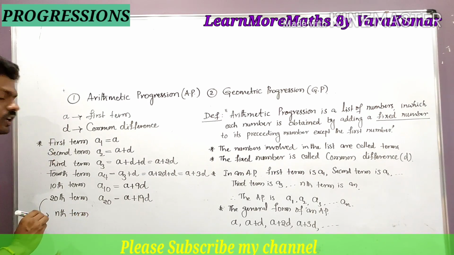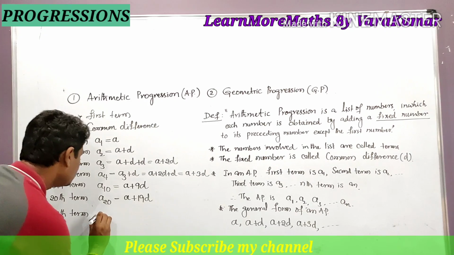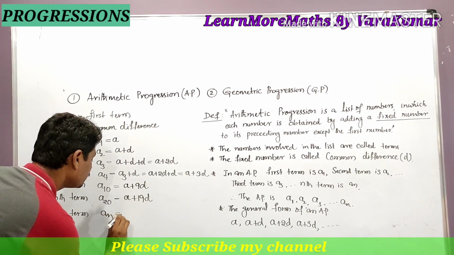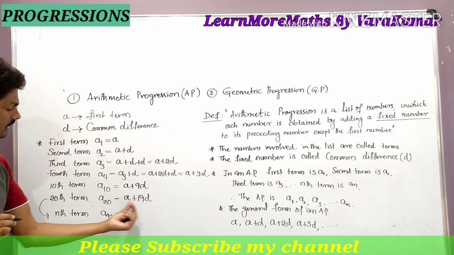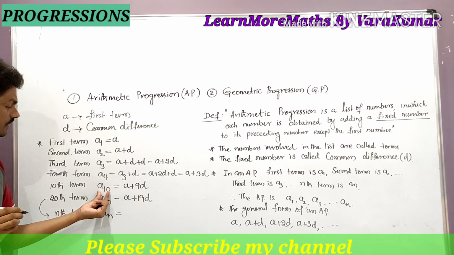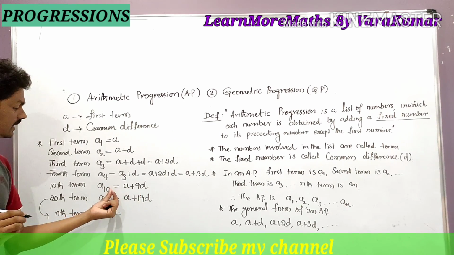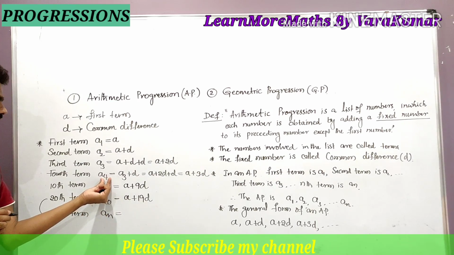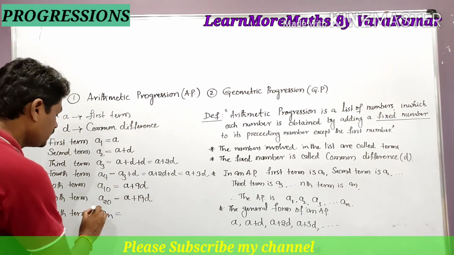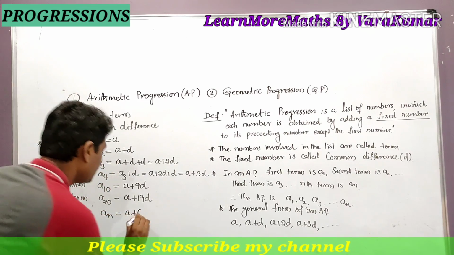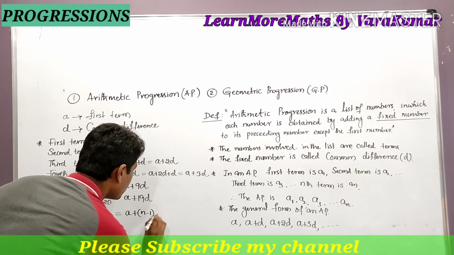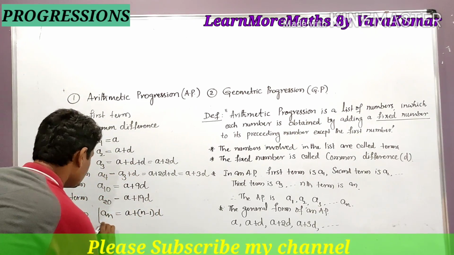So in the same way, I want to write the nth term. Can you say, student, how can we write it? The nth term is denoted by An. So see, student, if it is 20, A plus 19D, 1 less than 20. If it is A10, A plus 9D, again 1 less than 10. If it is A4, A plus 3D. So in the same way, we can write A plus 1 less than N, that is N minus 1 into D. This is An.